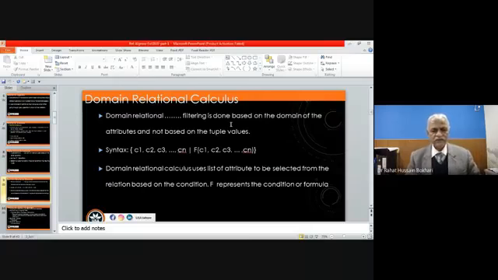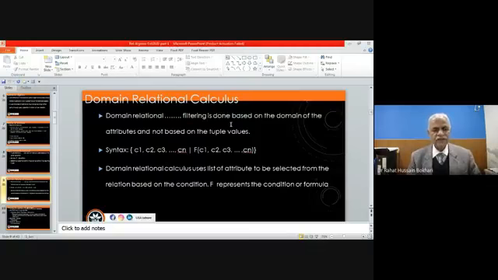For example, if one attribute is name and the other is student ID, both have different domains. The student ID, that is the roll number, is from a different domain than the name. So when we deal with columns, we say this is the domain relational calculus.